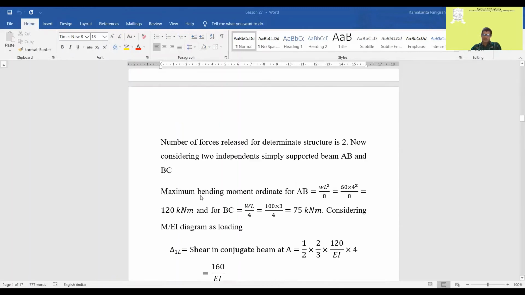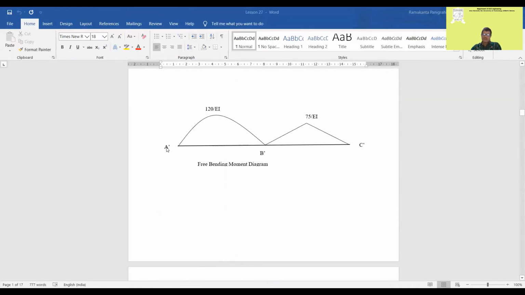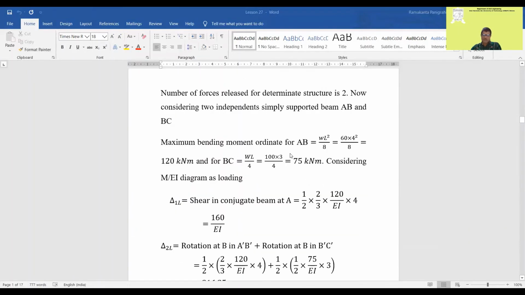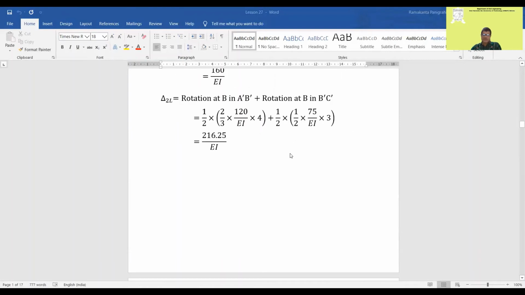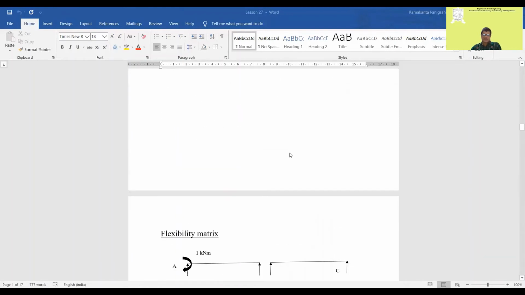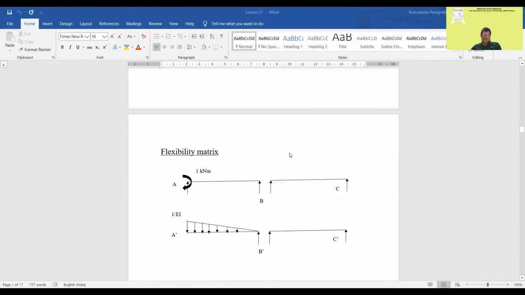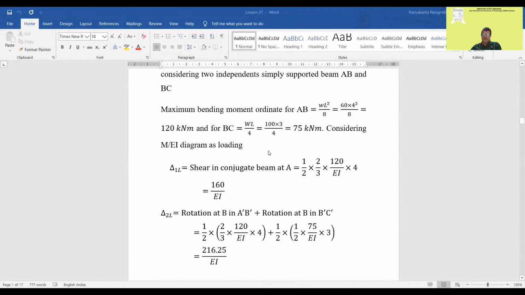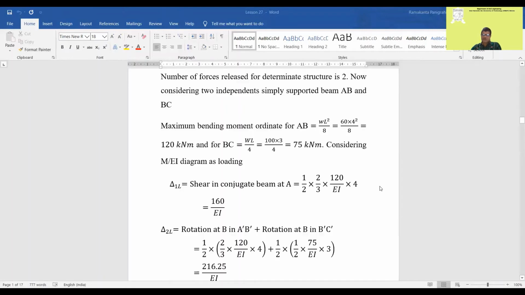So this will be the loading on this conjugate beam. Then you have to find the shear in the conjugate beam. Now what is the conjugate beam here?